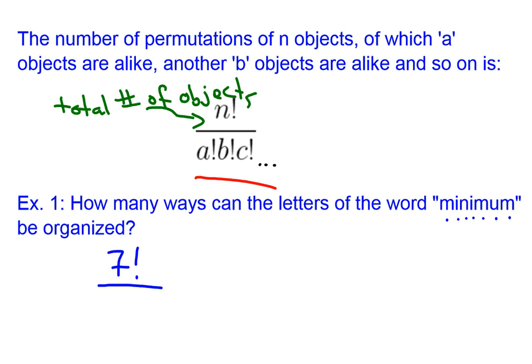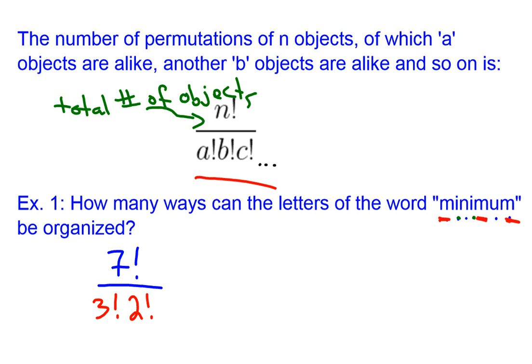We have 1, 2, and 3 M's, so we need to divide out the number of ways that the M's can be swapped around. What else do we have repetition of? We've got an I here and an I here, so there are 2 I's. I think that's all of the repetition. There are no duplicate N's, no duplicate U's, so that's as far as we need to go.